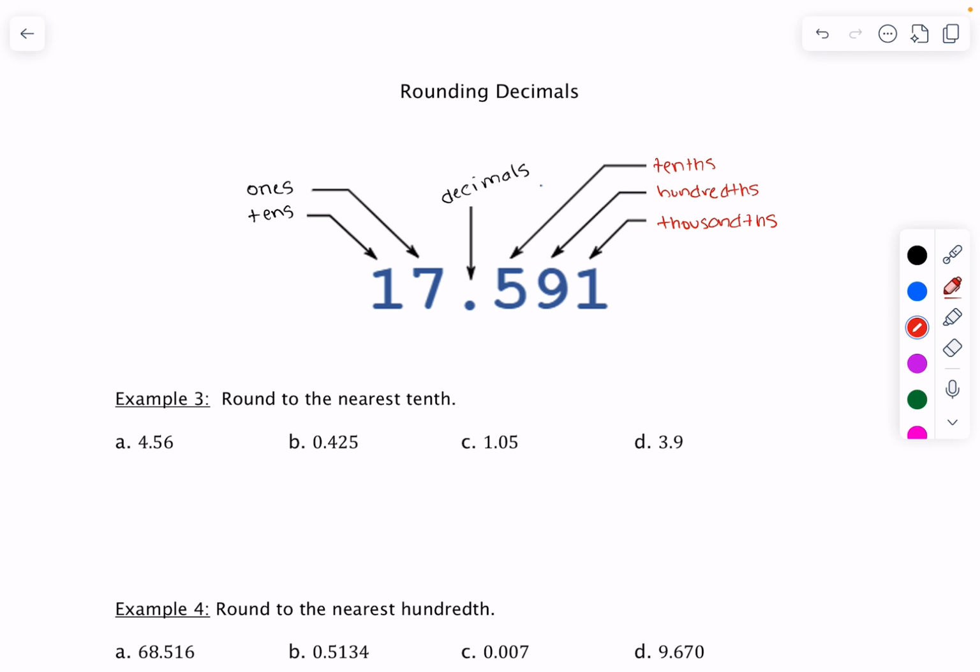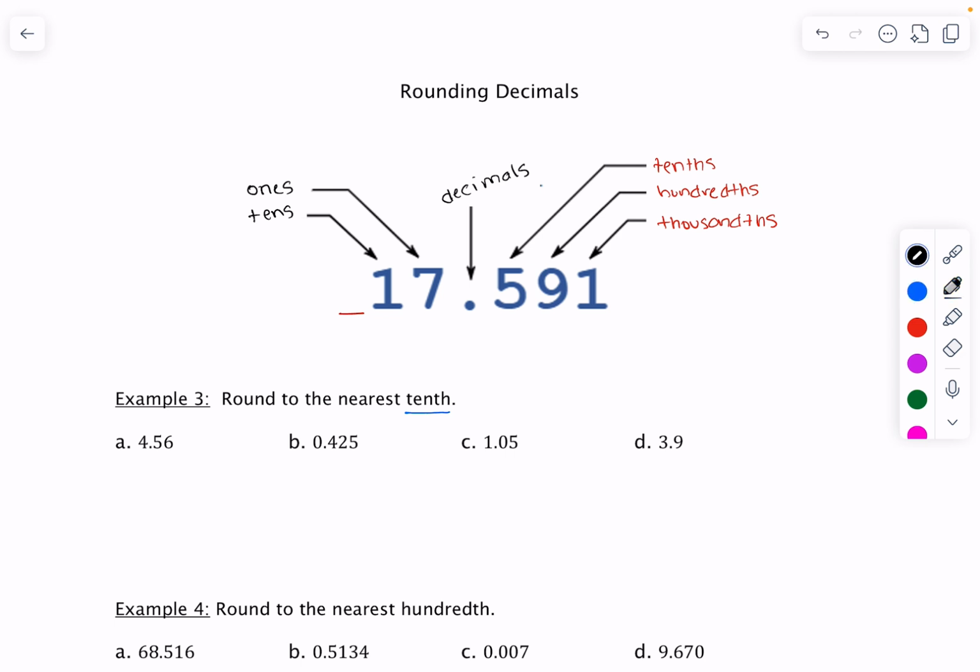Okay, if we had another number here, that would be your hundreds place. Okay, but we're not going to typically round there, so these are the ones I really need you guys to know. All right, so if we're going to round to the nearest tenth, rounding is when you take the number and you figure out whether, hey, I need this number to go bigger or I need this number to stay the same.